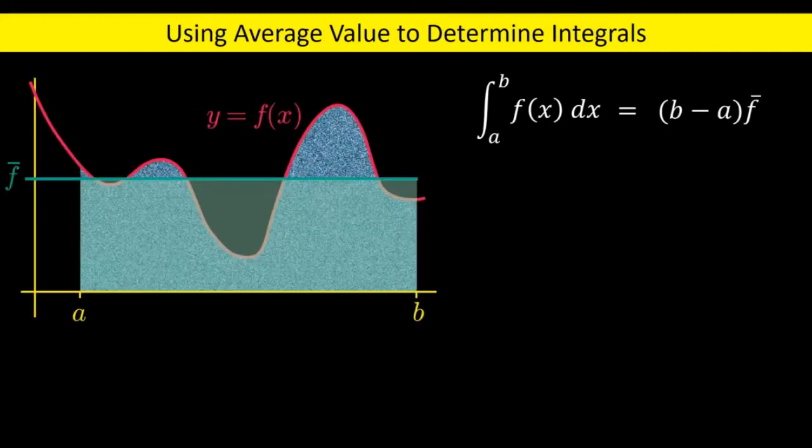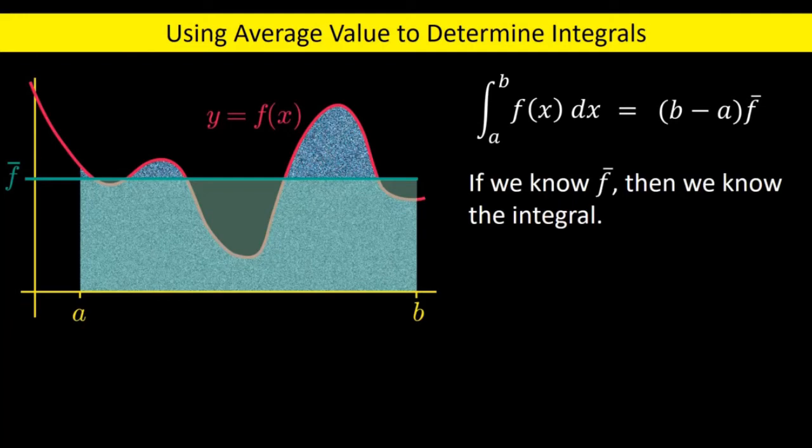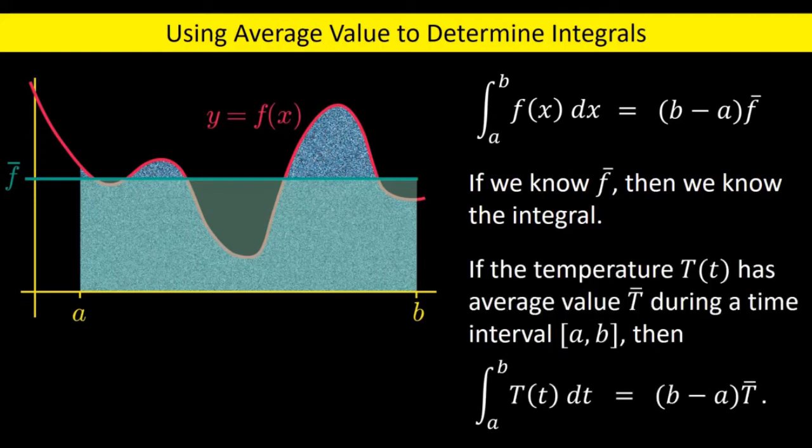Now, so far, we have used integrals to calculate average value of a function. But this idea can also be used in reverse. I mean, if you have a good idea about the average value of a function, you can turn it around to understand the value of the integral.